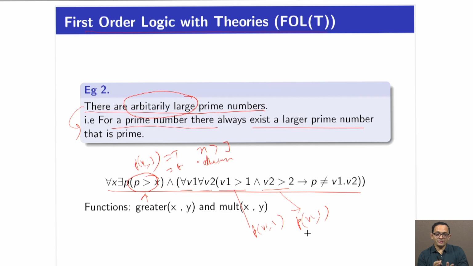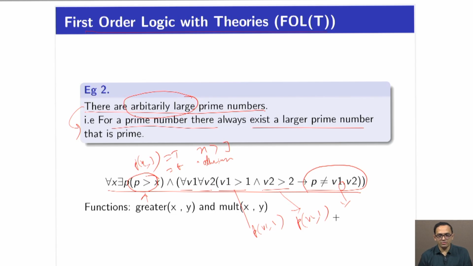Till that everything is first order logic, implies p not equal to v1 dot v2, which is multiplication. So, this is where the theories come in, the not equal to, right. Not equal to or equal to, or say this multiplication, these are all in theories. So, this effectively encodes your formula.